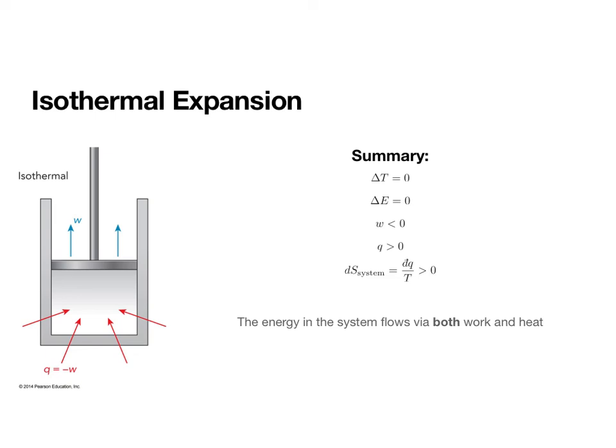Work is going to be less than 0 because it is an expansion. And because delta E, I'm going to simplify, is equal to the change in heat plus the change in work, if the change in work is negative, that means that the change in heat has to be positive because we know that dE is 0.